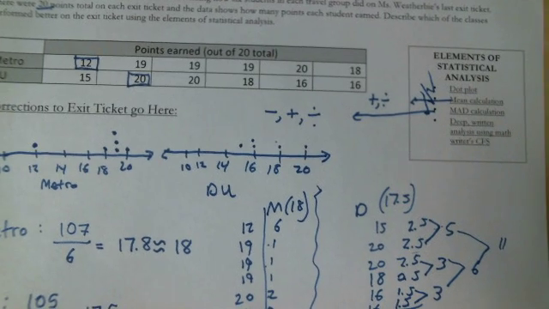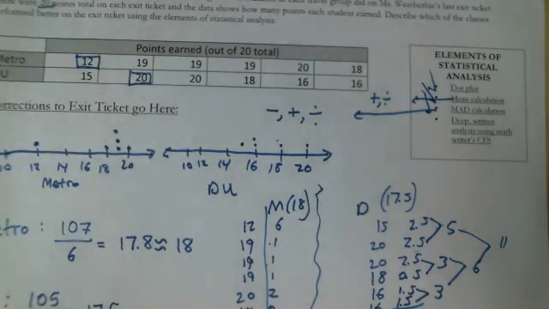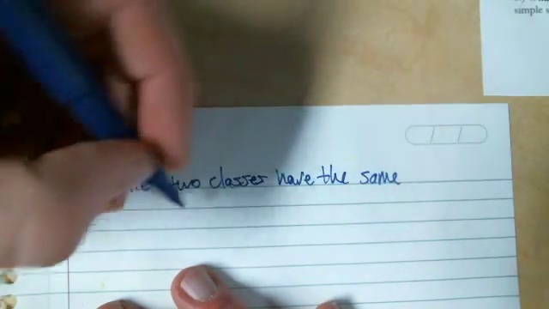Now to think about the written analysis. You may need a separate sheet of paper, as I do here, to actually think about this written analysis. Some facts I might state. Well, here's what we know. We know that the two classes have the same variability.